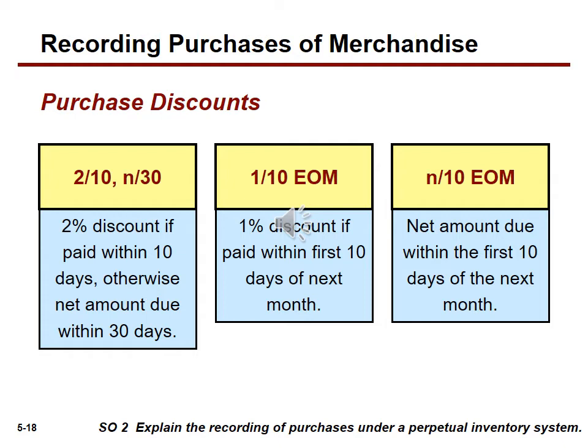This basically means that a 1% discount is given to the purchaser if paid within the first 10 days of the next month. And the last one is N/10 EOM. Basically, the net amount is due within the first 10 days of the next month.